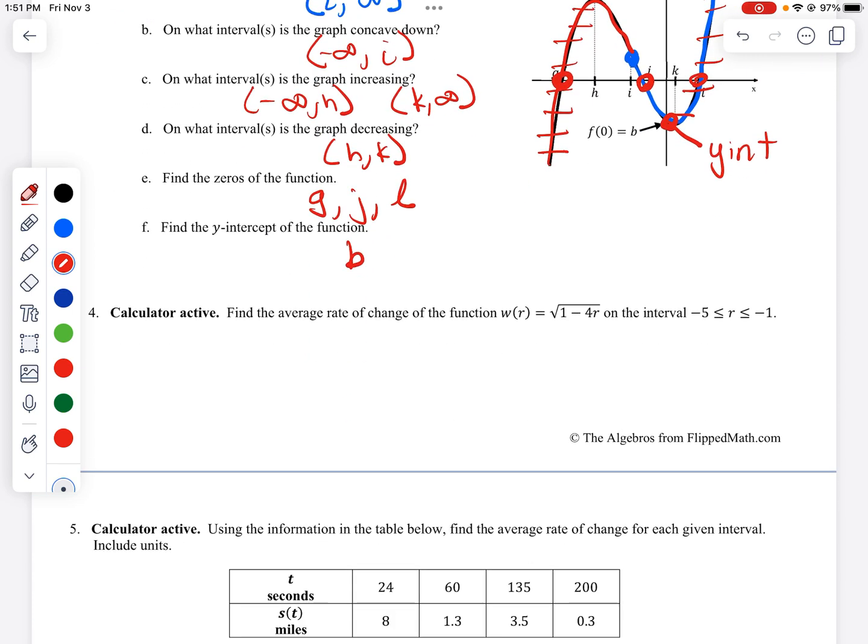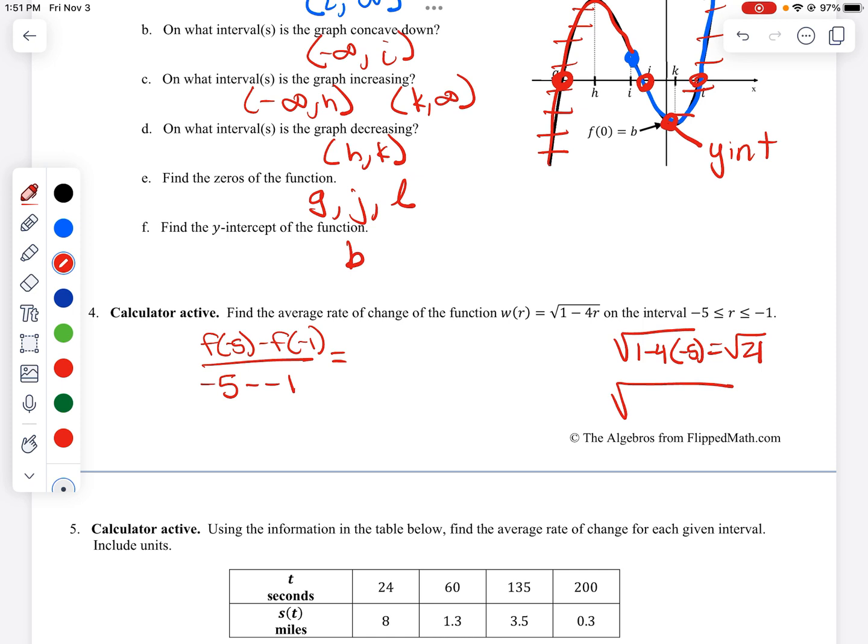So the next one is a calculator one. Find the average rate of change from -5 to -1. Remember, we have to find f of -5 minus f of -1 all over -5 minus -1. If we plug in -5, the square root of 1 minus 4 times -5, that is 1 minus -20, so the square root of 21.